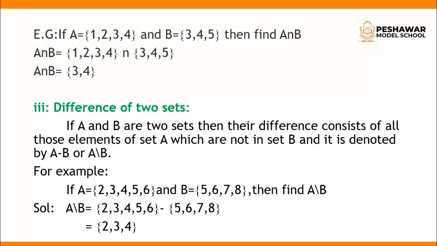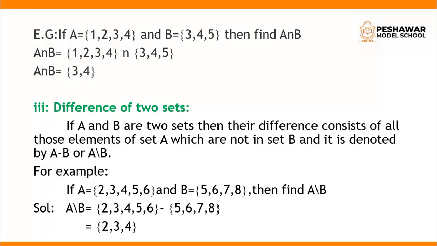For example, if set A is equal to {2, 3, 4, 5, 6} and set B is equal to {5, 6, 7, 8}, now we have to find A difference B. You must understand which set is written first. We have to write set A first.